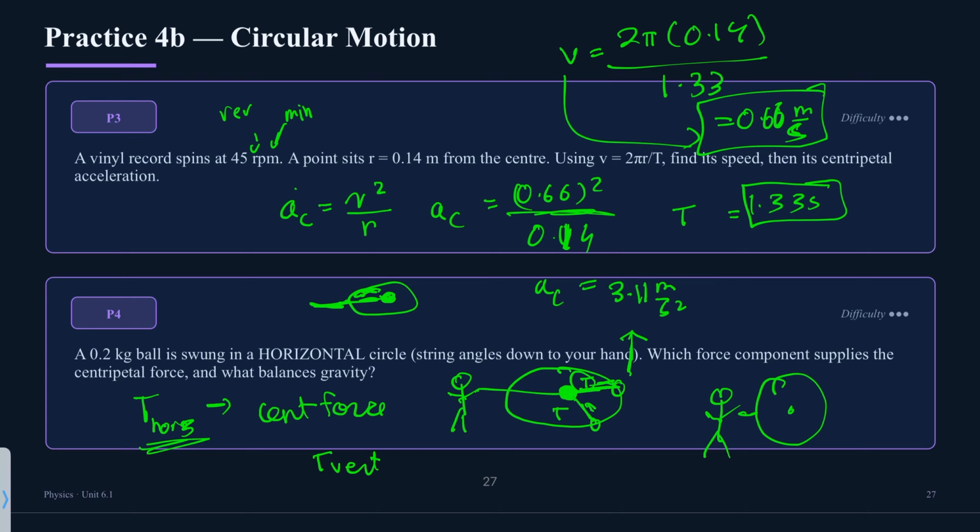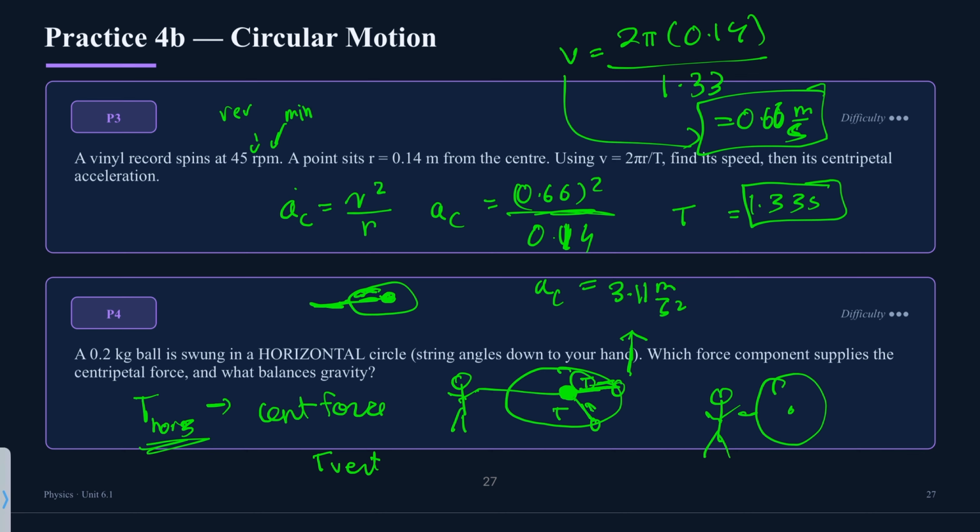Rotating it around in a vertical circle is much easier than a horizontal circle, because for a horizontal circle, you need two components. You need the tension horizontal to balance your centripetal force, to pull you inward. But you also need a vertical component of your tension to balance your gravity. So just imagine, it's a bit hard to rotate it that way, right? You have to strain your hand and pull it very, very hard.